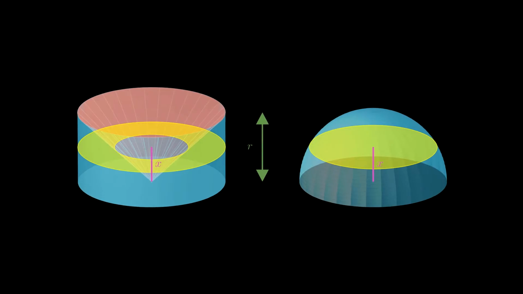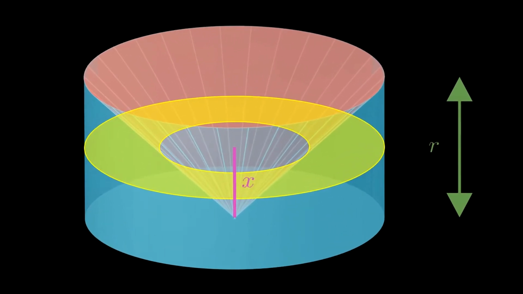Alright, so look just at the cylinder slice for now. Now because the cone is at a 45-degree angle, the radius of the hole, the inner radius, will just be x as well. Now of course the large radius is just the radius of the entire cylinder, which is going to be r.